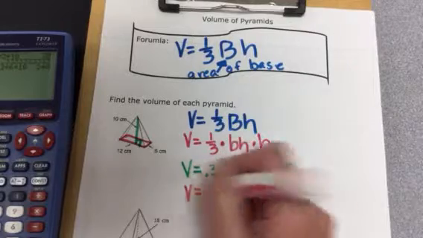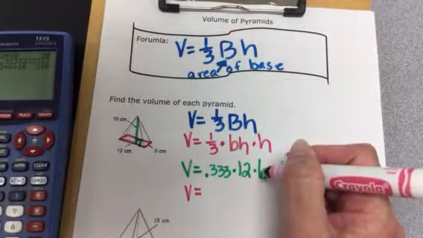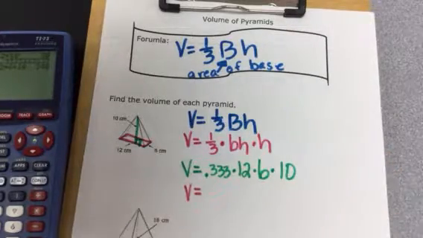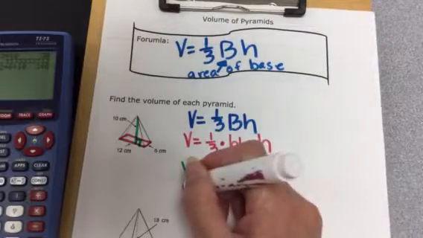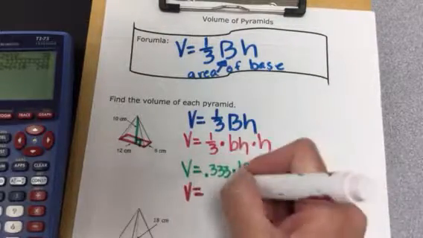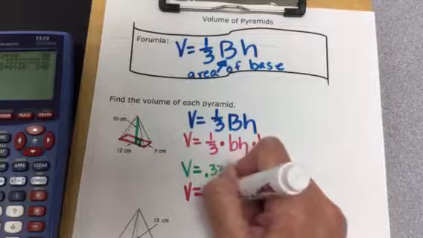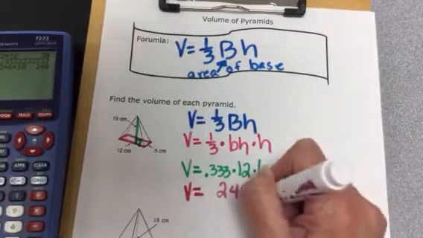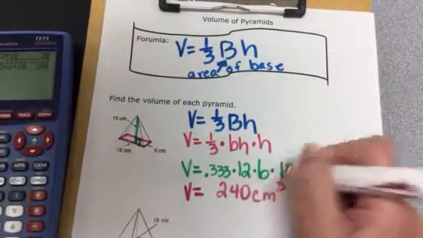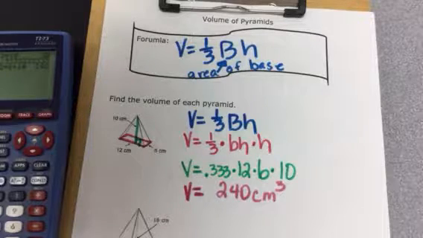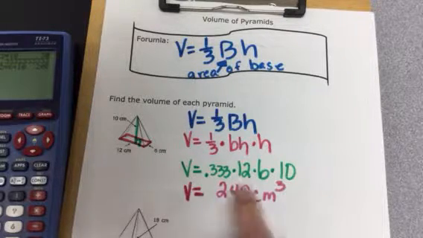So the volume, step 4, is going to be equal to 240 centimeters cubed.